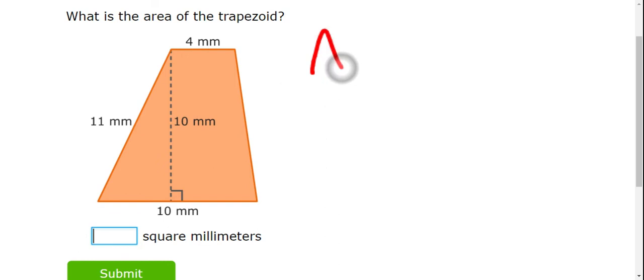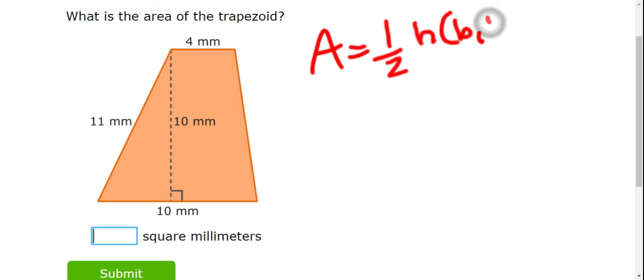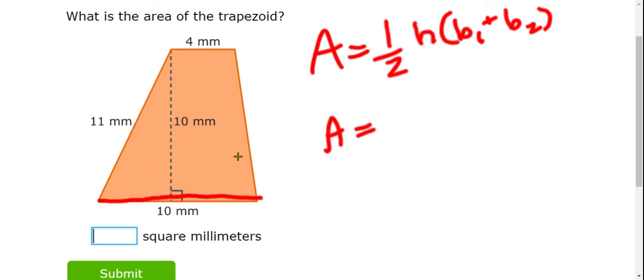So start with the formula. Area equals 1/2 the height times base 1 plus base 2. So find the perpendicular sides, perpendicular measurements. So here that's a square. So the base is 10, the height is 10, and then the other base is 4.